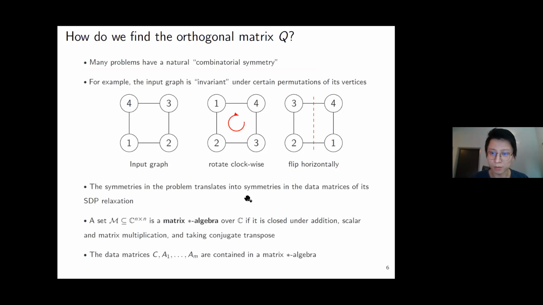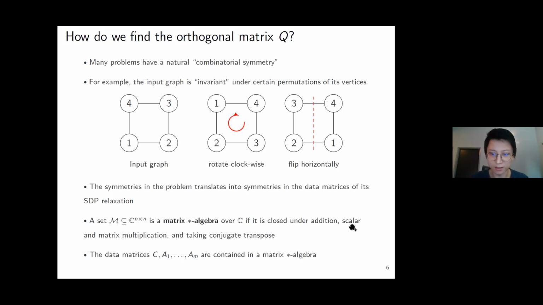And so what do we mean by symmetries in the data matrices? Let's introduce one terminology here. A set of matrices is a matrix star algebra if it satisfies certain rules. For example, it's closed under addition. Namely, that means if you pick two matrices from this set, then their summation is again contained in this set.